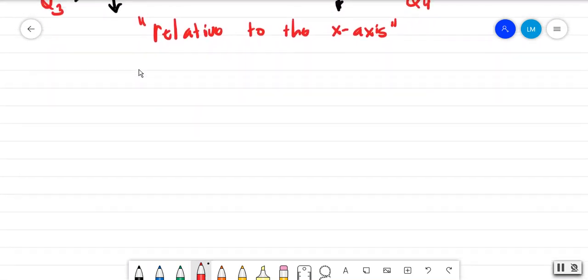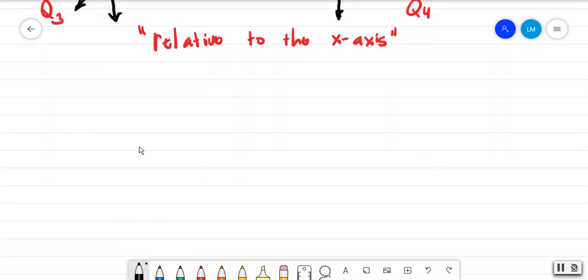So why don't we return to the original angle measure that I had. I had 1200 degrees, and we can call this theta. Unfortunately, we have to figure out the coterminal angle to this.